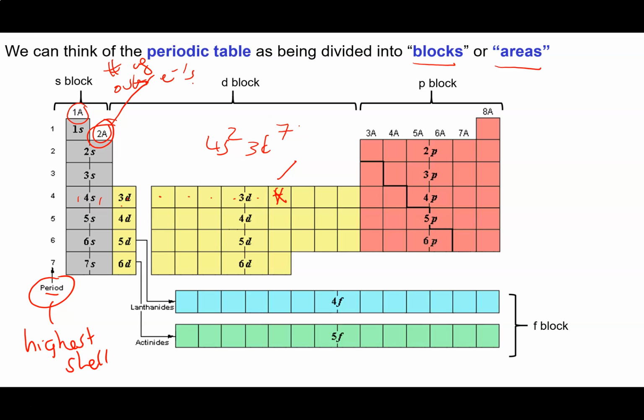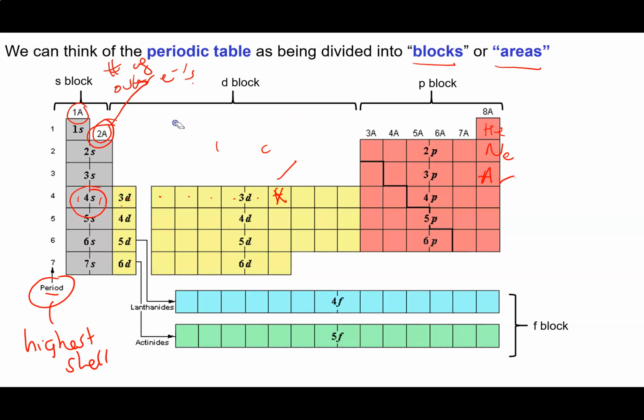So I always know the outer electron configuration, and then if I wanted to write the rest of its abbreviated electron configuration, all I would have to do is identify the noble gas that came before. It goes helium, neon, argon. So for this element here, its preceding noble gas would be argon. And so I can write the condensed electron configuration very quickly, using the periodic table and thinking about the different blocks of the periodic table.